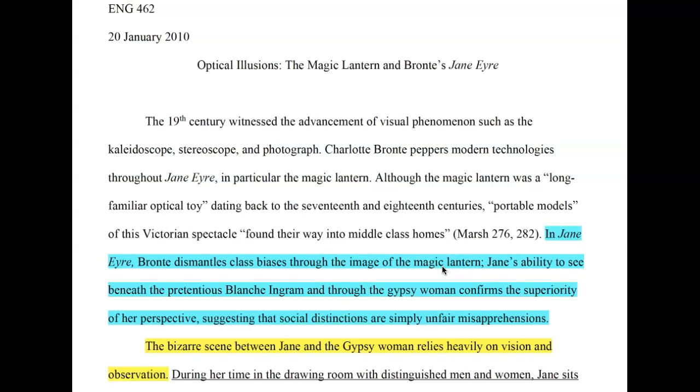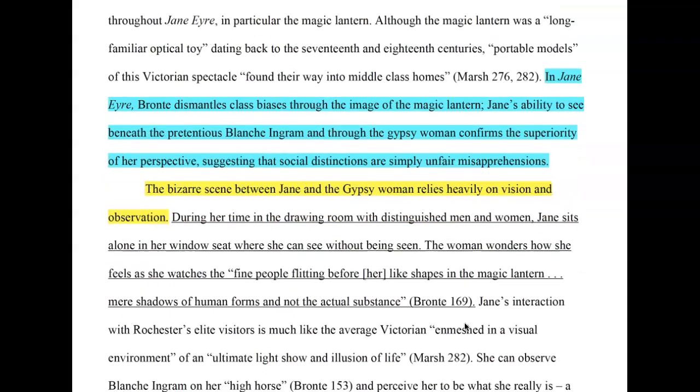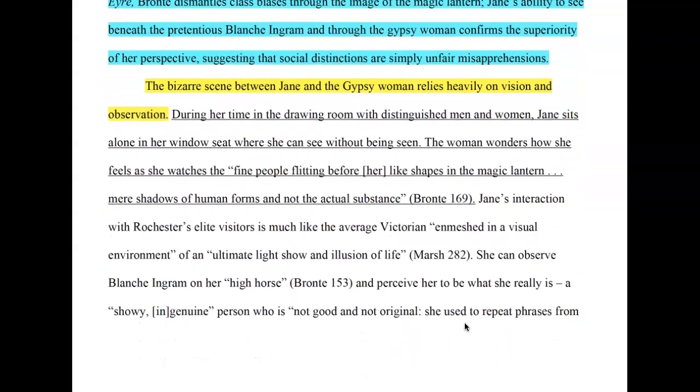That's what I'm analyzing. And then my so what, why it matters, is that she does all of this to suggest that social distinctions are unfair.